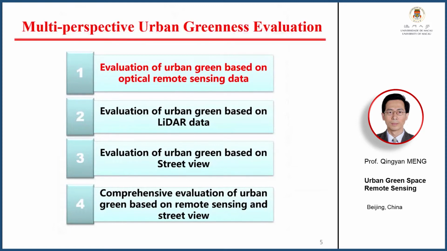If we have the street view, what then? And if we have them together, then what happens? I will introduce from these several parts. I just give you the framework introduction, to let you know how to make use of the data and conduct the urban green space evaluation from the different perspectives, from the different angles.